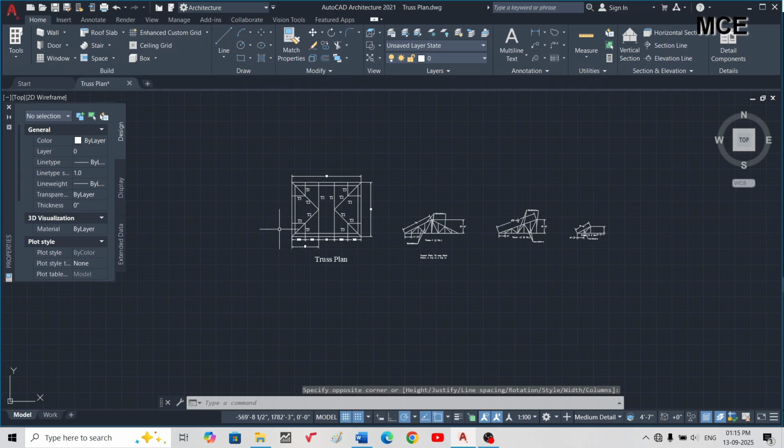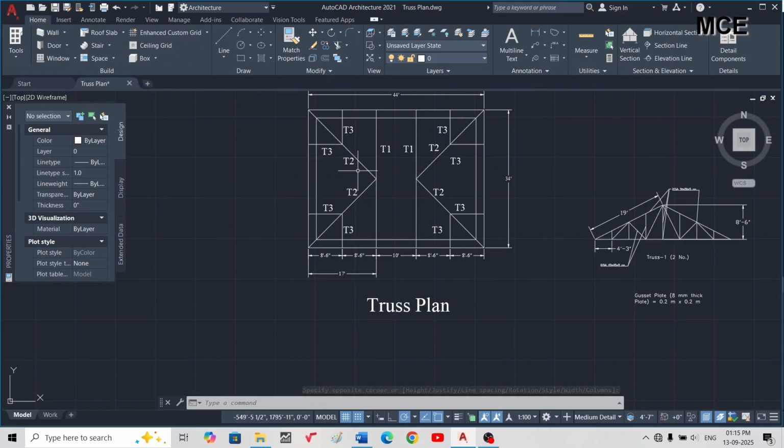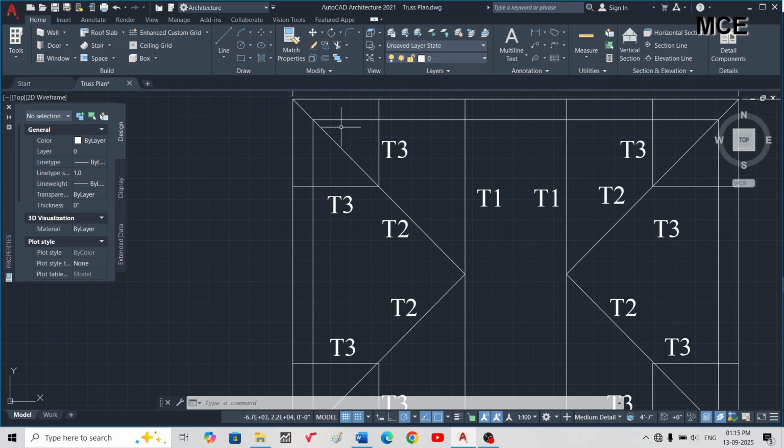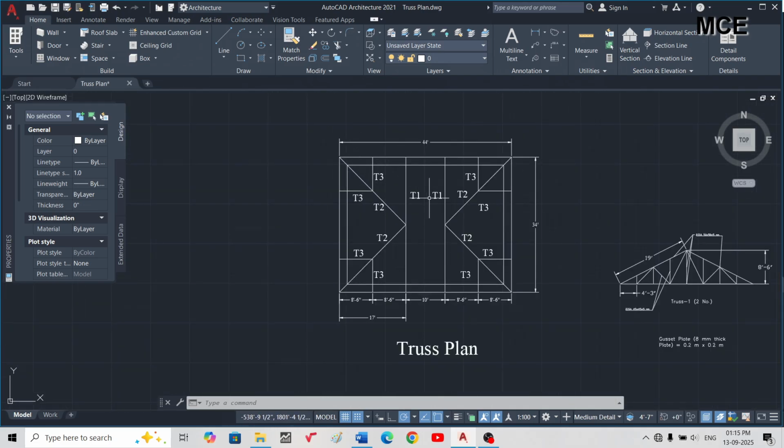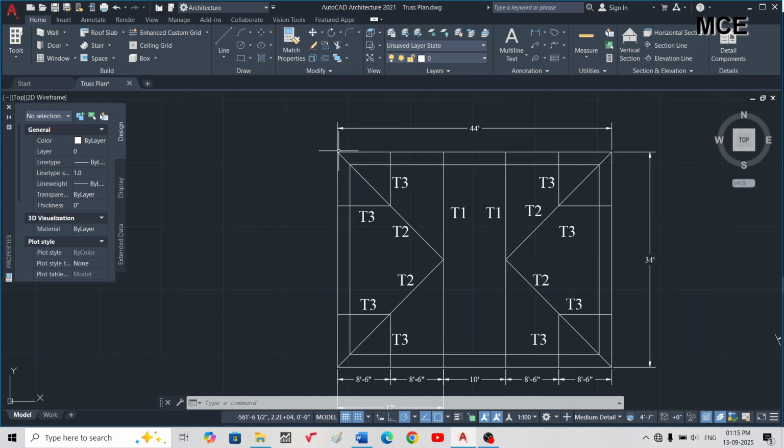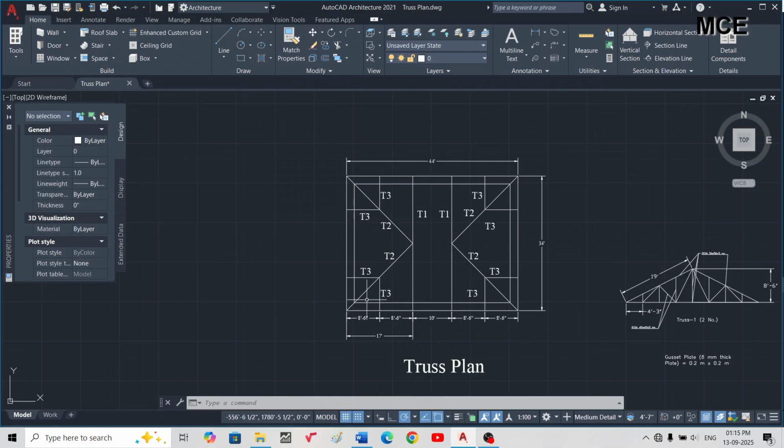Then you have to take the size of the base plate also. Base plate will be fixed below the bottom of the trusses. Okay, so for this building, you will have a base plate one at this corner, one at this, that is total will be 1, 2, 3, 4, 4 and 4 is 8, 8 and 4 is 12, 16, after this 17, 18, 19, 20, 21, okay, 22.